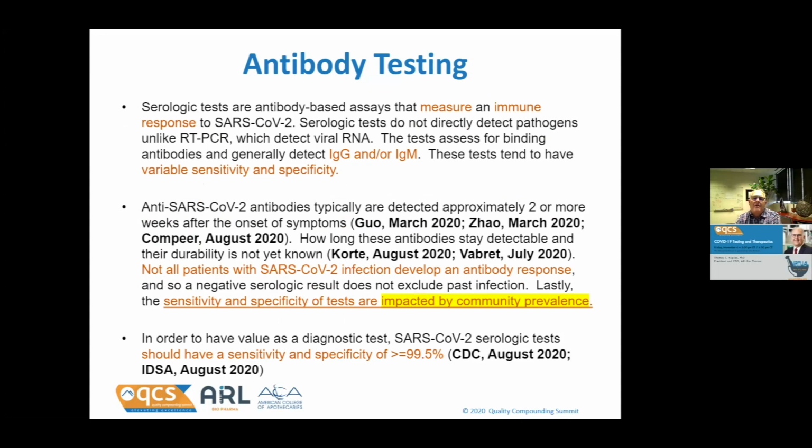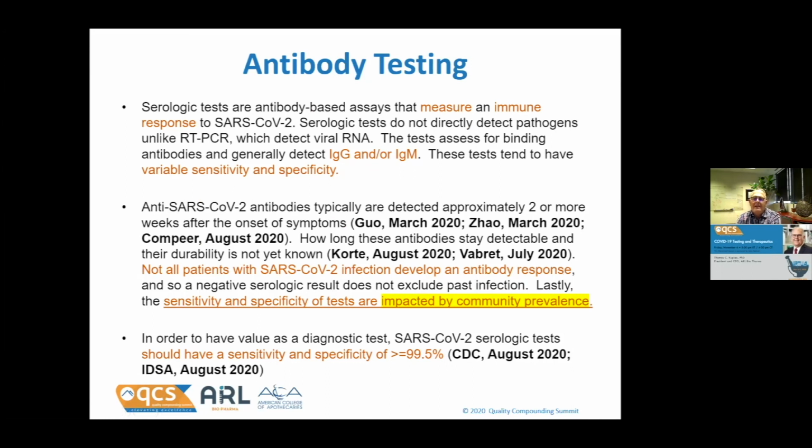The point I wanted to bring up is that, remember, these are serological tests. They measure the immune response. So you're looking at IgG and IgM versus the viral RNA load. Again, there are several studies that are frequently cited in the literature, and I wanted to give the author and the location of that. And not all patients with SARS-CoV infection develop an antibody response. So that was in line with what we were talking about.